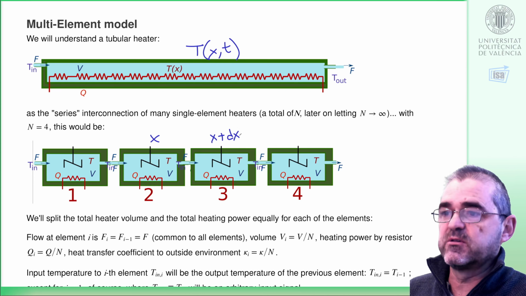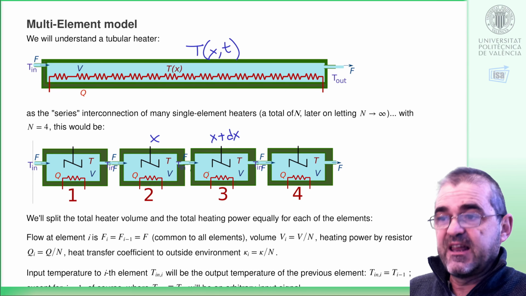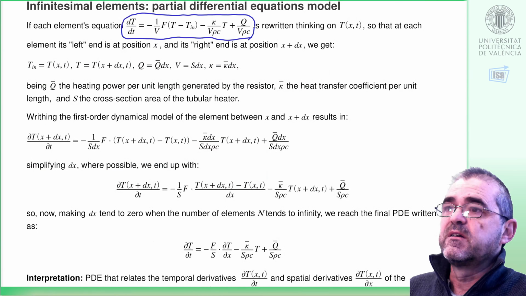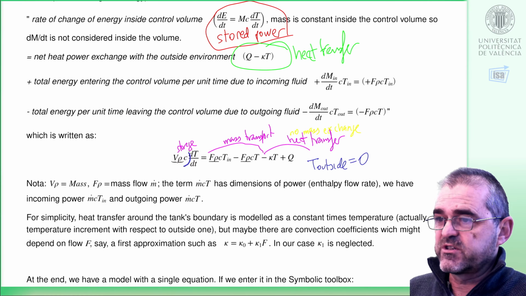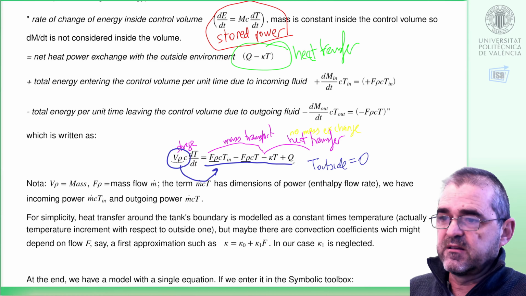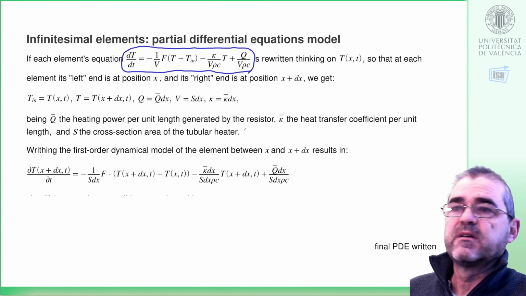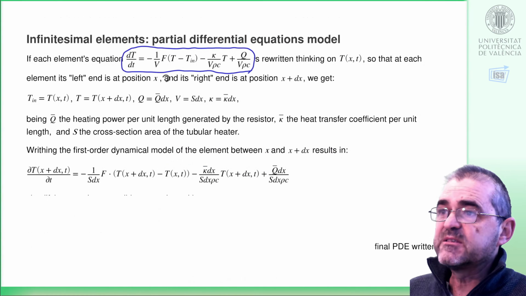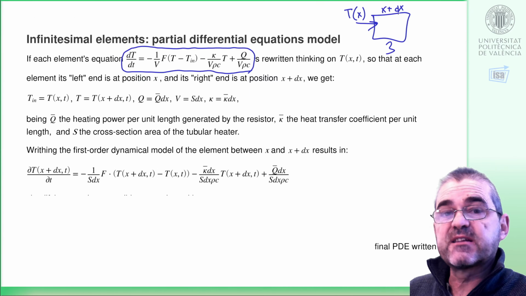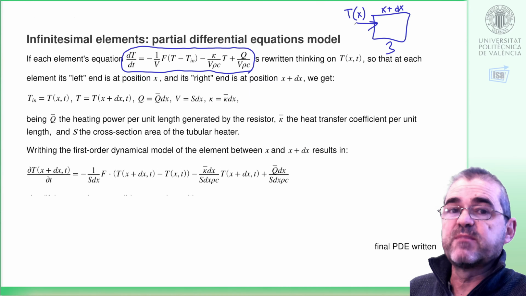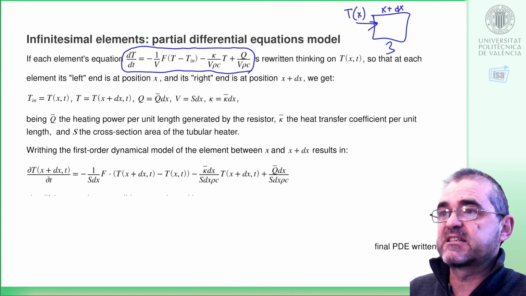dx infinitesimal. So if we now write the equations of element 3, this is the equation of one element, in which we just took this and divided at the other side. So element 3 was at position x plus dx, and its input was the temperature of the preceding element, which was located at position x.